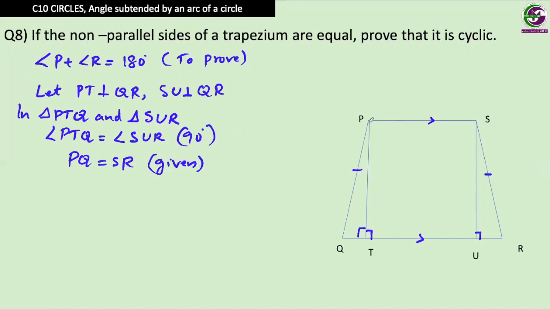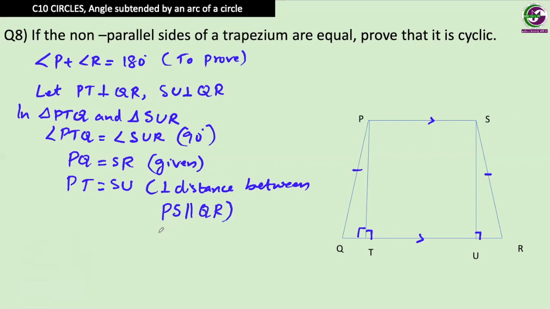And PT is the height between two parallel lines PS and QR. The height will always be the same. So PT is equal to SU, because it's the perpendicular distance between two parallel sides, PS parallel to QR. So we have 90 degrees, and the side opposite to it, the hypotenuse.